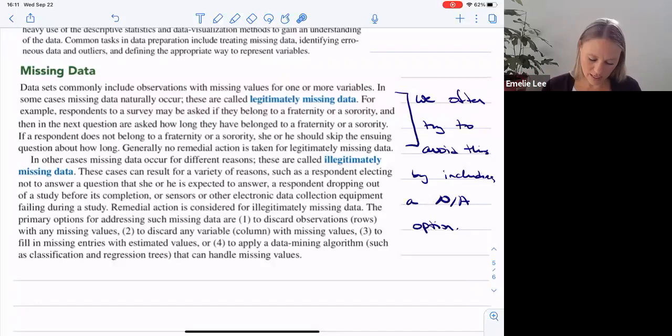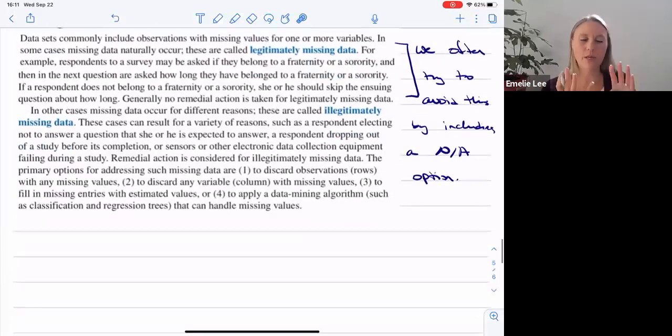And so we talk about missing completely at random. In that case, it would be, okay, I just didn't enter something. There's no reason, right? Missing at random, maybe I didn't enter it because I felt that it was too related to another variable that I already answered, right?